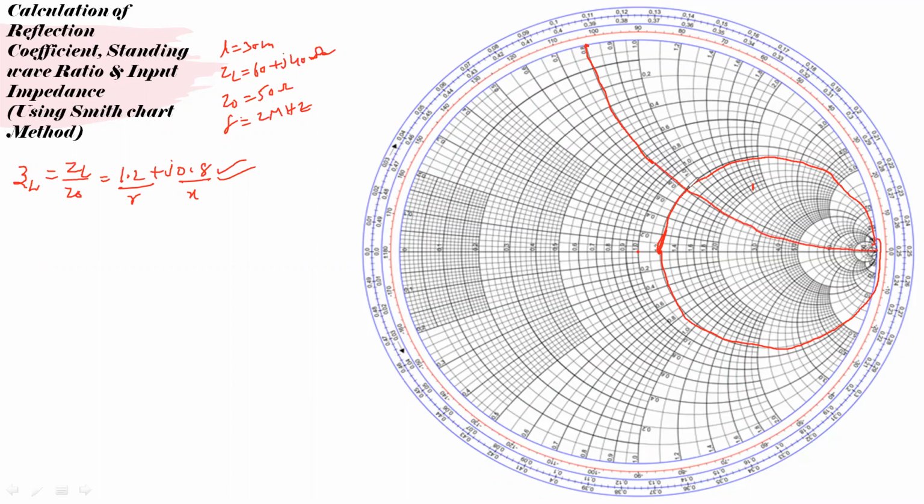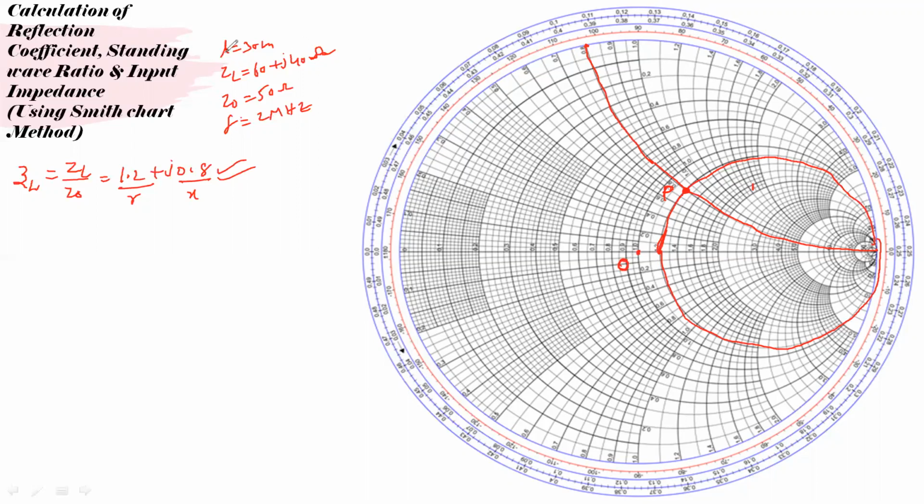So whatever the intersection point of your R and X circle denotes the ZL, that is the normalized value. So here, this is the normalized value. From the Smith chart, I can make this point as P, and the center point of the Smith chart I can denote as O.